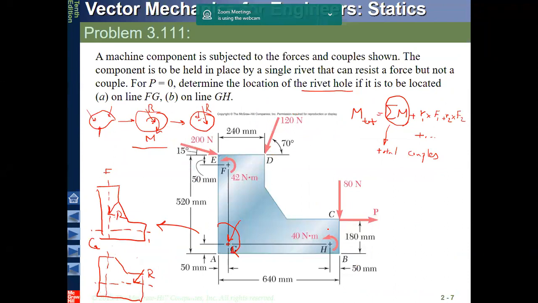So I refer you to your textbook and read about the couples if you're not familiar with that. It's like you have a wrench here and you have a bolt here, and this is the couple about that point without any force.